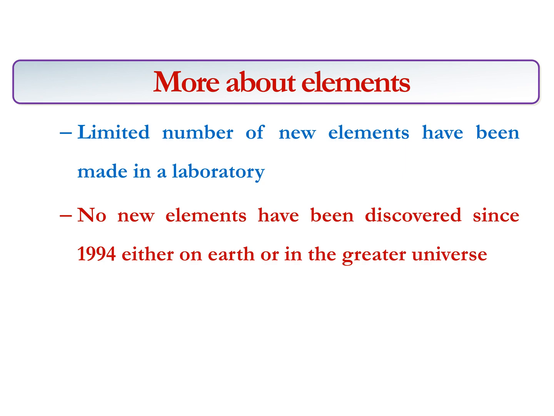It is not easy to make elements in the laboratory. Only a limited number of new elements have been made in the laboratory, and no new elements have been discovered since 1994 because it is not easy to make new elements in the lab.